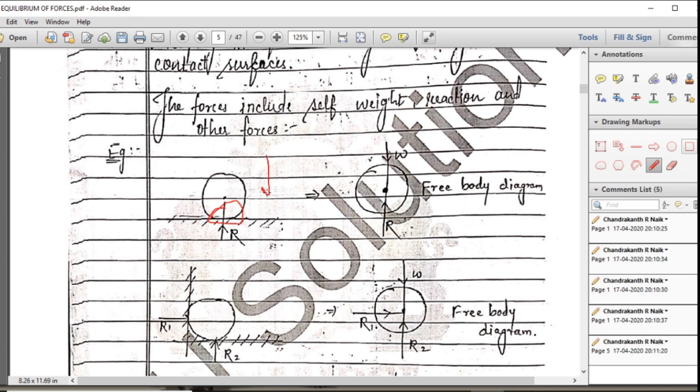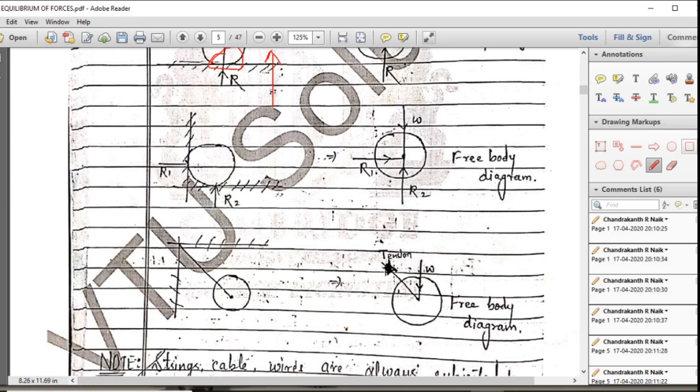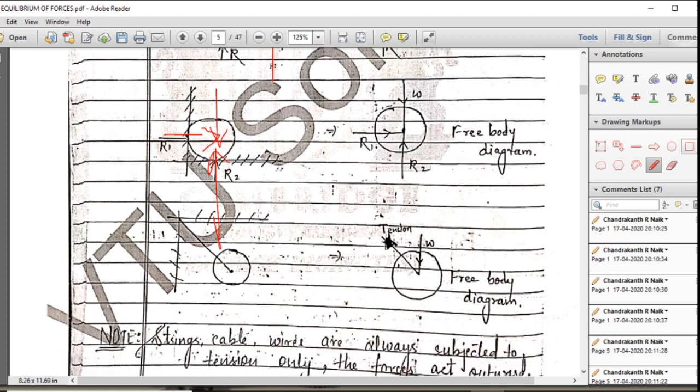So the weight of the sphere acts, and at the contact surface opposite to that we can expect a reaction. So this is the free body diagram. Here you see the sphere, the weight of the sphere will be in this direction, then reaction R1 at the contact surface, then reaction R2. So this is the free body diagram for this.